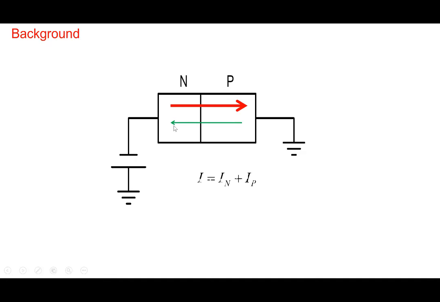So the net current which will flow in this particular junction will be a current due to electrons and a current due to holes. Note that the electrons are flowing in this direction, so the current through them is from right to left, and the two currents add up. There's an electron current and there's a hole current here, as in a PN junction diode. Both of these component currents are exponentially dependent on the forward bias voltage that we apply here.